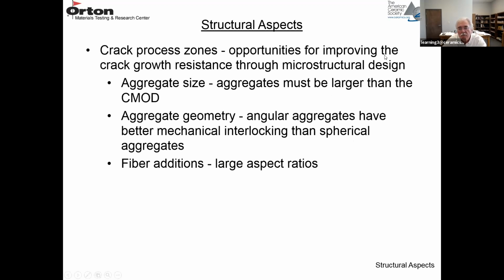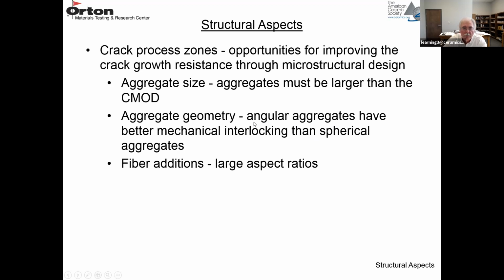So, opportunities for improving crack growth resistance by designing the microstructure: aggregate size. You have to have aggregates bigger than that crack mouth opening displacement for bridging to take place. Aggregate geometry. Angular aggregates have better mechanical interlocking than an aggregate that's more spherical in shape.